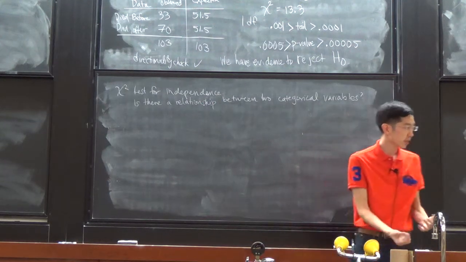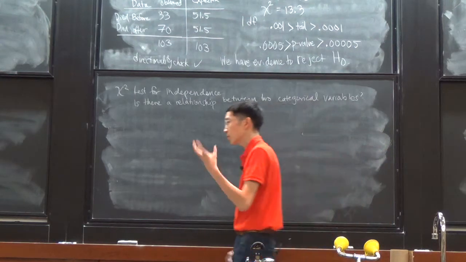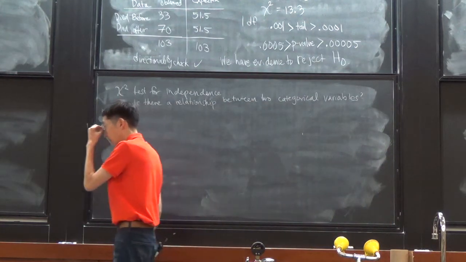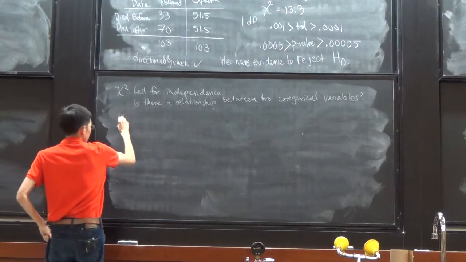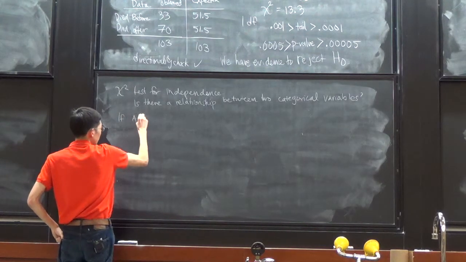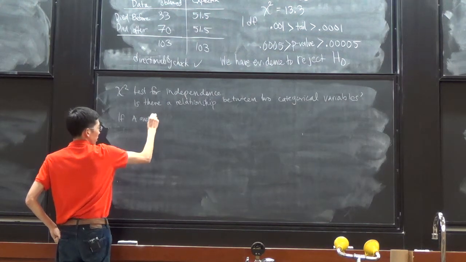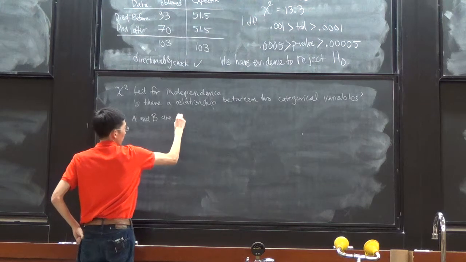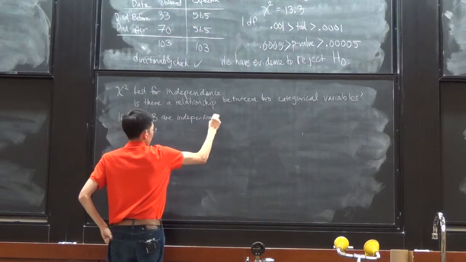And the chi-squared test for independence depends on this one rule from probability. If events A and B are independent, you guys remember this?